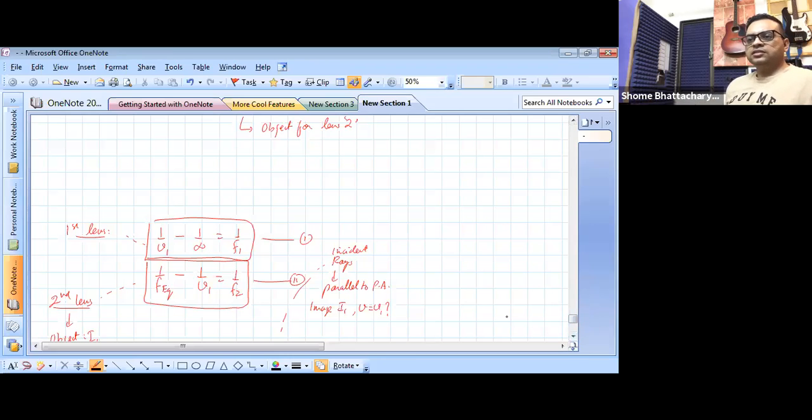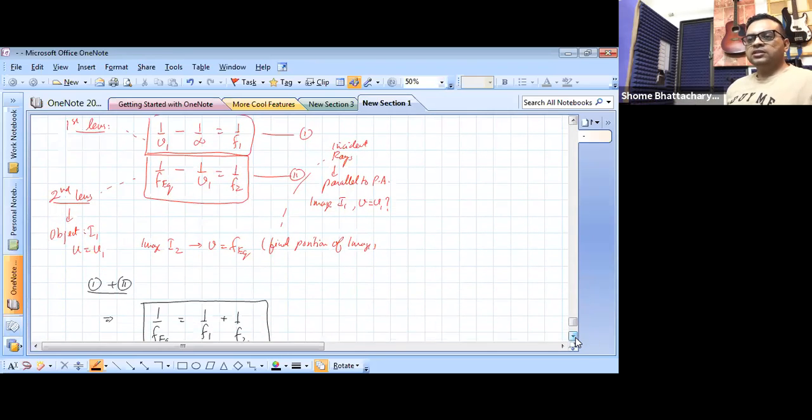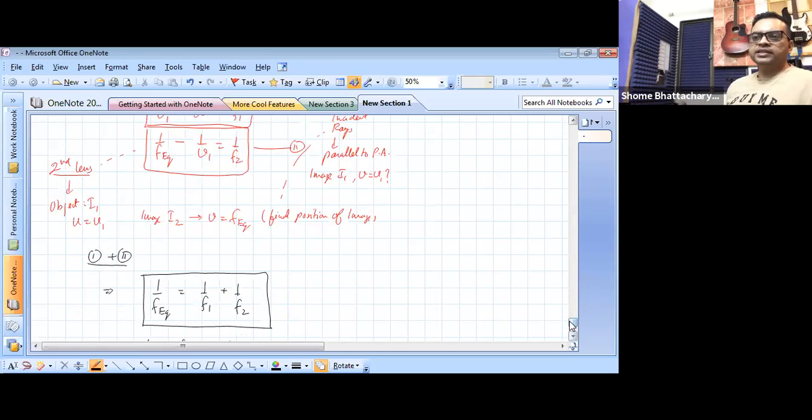Alright, so this is a very simple formula to keep in mind. But remember, this is for thin lenses in contact. There should not be any gap between them. If there's a gap between them, then you have to solve it the way we solved the previous problem. So the combination of the two lenses can be replaced with an equivalent lens.